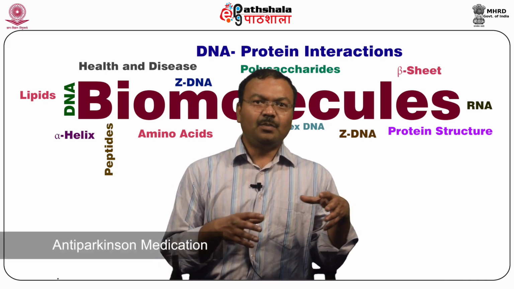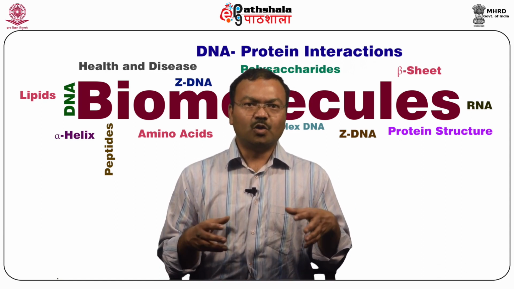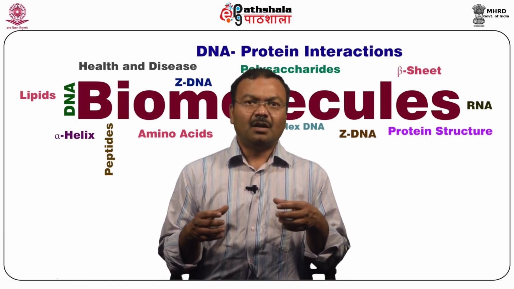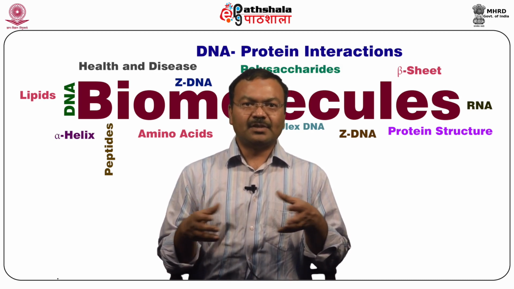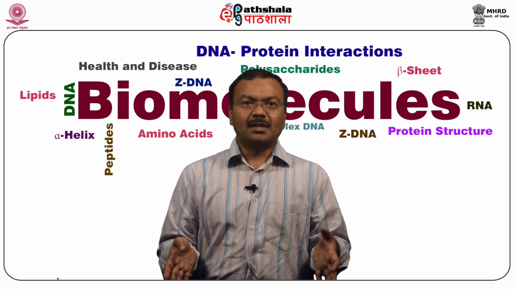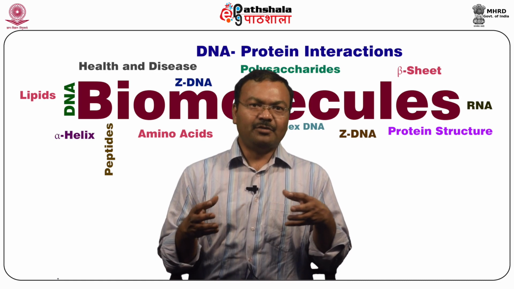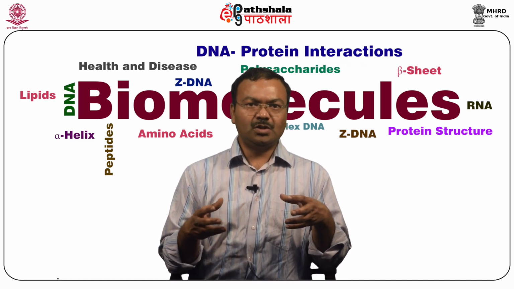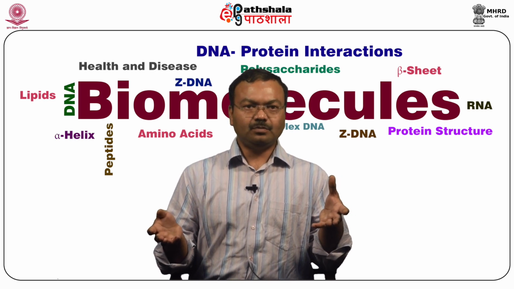Generally, the anti-Parkinson medication is L-DOPA and dopamine agonists to improve the early symptoms of the disease. As the disease progresses and dopaminergic neurons continue to be lost, these drugs eventually become ineffective.